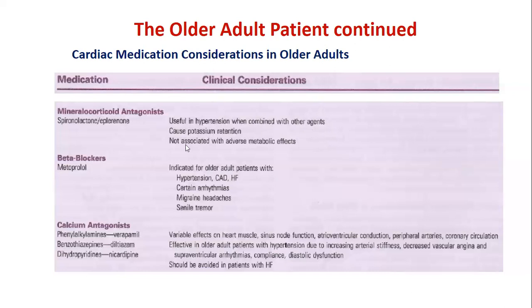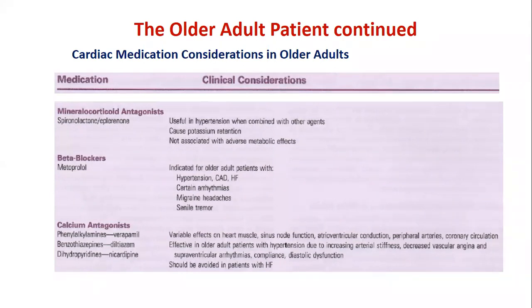It is one point. Can cause potassium retention or not associated with adverse metabolic effect. But it is important to educate your patient, need to monitor electrolyte because it impairs potassium level. And also it is important to educate your patient to decrease the potassium intake in the diet.